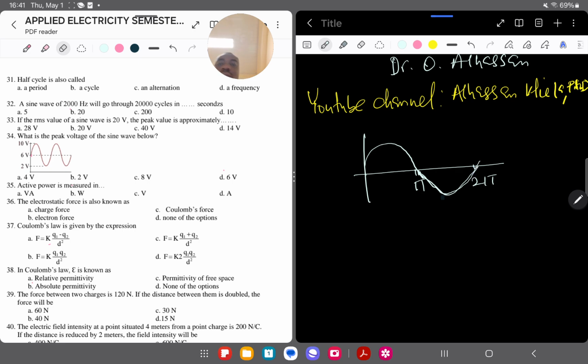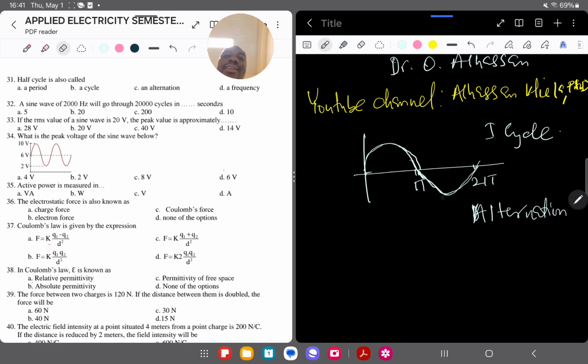Okay, so this is a complete cycle, right? We have one cycle here. Now, with this kind of cycle, half of this we call an alternation.